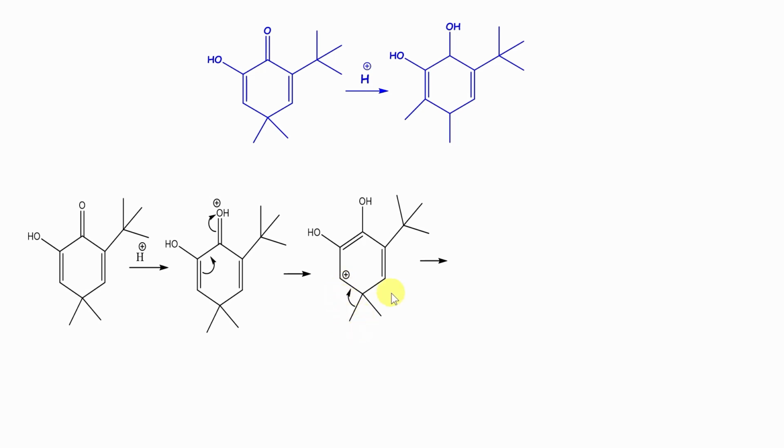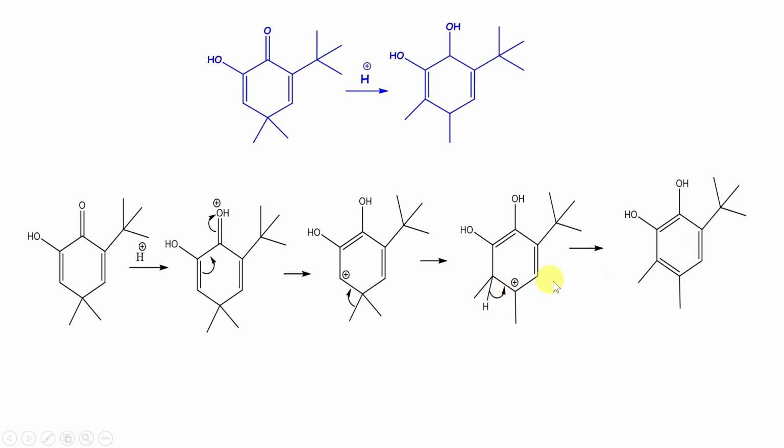By shifting one of the alkyl groups to this secondary carbocation, a tertiary carbocation is formed, and by the elimination of a proton the final product, this phenol, is formed. It is the mechanism of the dienone-phenol rearrangement that takes place in this reaction.